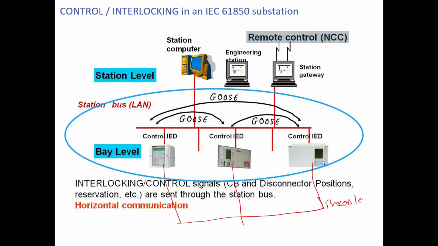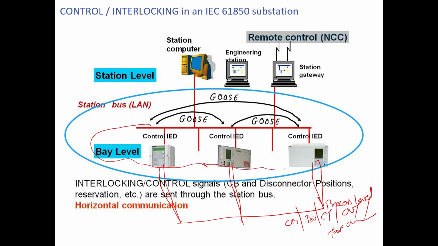At the process level, your equipment may be CB, isolators, CT, CVT, tap changers, etc. These process level equipments are hardwired through copper cables to your individual bay IEDs. Those IEDs may be control IEDs or protection IEDs. These IEDs are placed inside your kiosk or cubicles, and this is called bay level equipment.